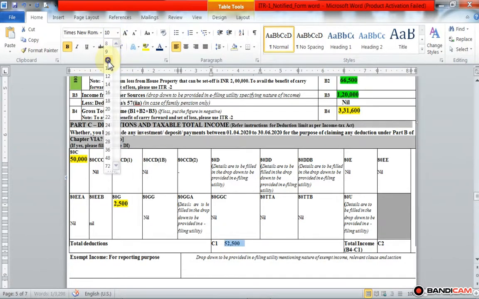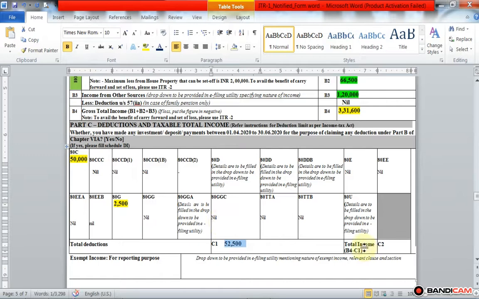Now compute the total income. How to compute total income? Total income is equal to the gross total income minus the deductions of part C. So 3,31,600 minus 52,500.